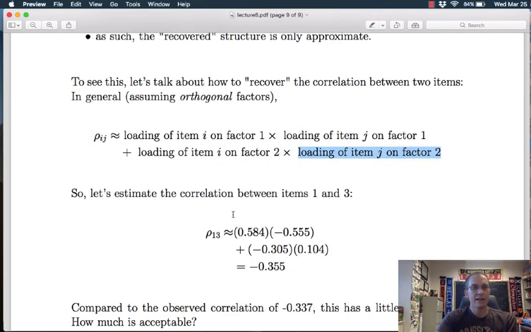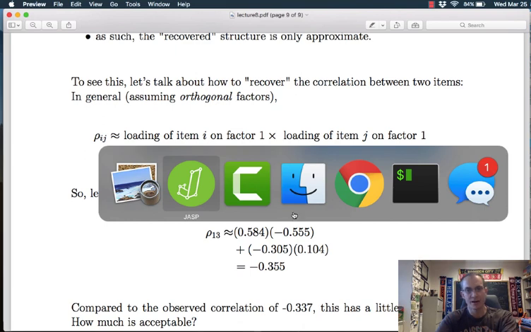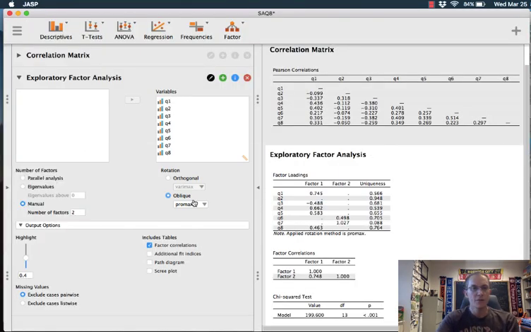So to illustrate that, let's go back to JASP and let's estimate the correlation between items 1 and 3. So I'm going to do it in JASP, but I've got it summarized down here. So for items 1 and 3, let me uncover all of these loadings again and go back to my orthogonal rotation. All right, and let me go back to the original, which was no rotation. There we go. All right, so I want the loading of the first item on factor 1, so that's 0.584, times the loading of the third item on factor 1. So that's negative 0.555.